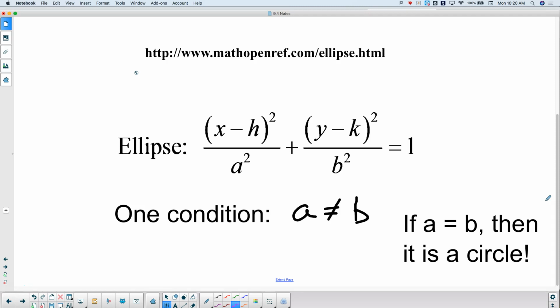Now, a little side note for you. Ellipses in real life. Okay? They're all over. Anybody give me an example of an ellipse in real life that you could think of? Maybe from a science class.